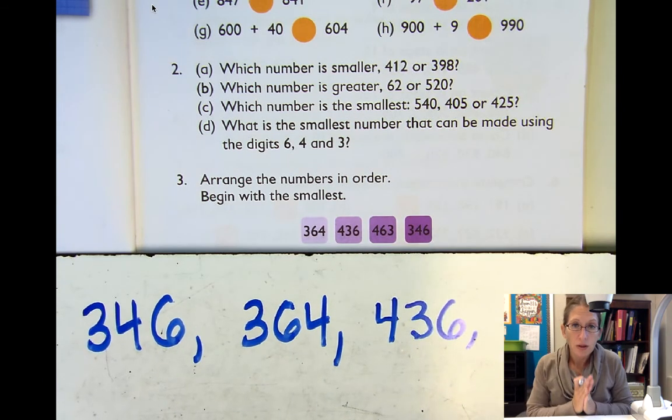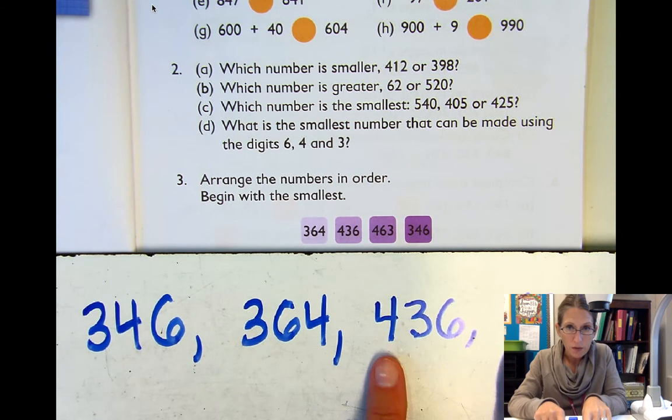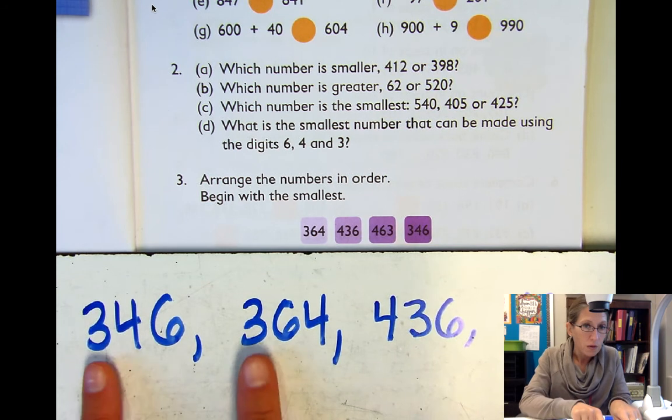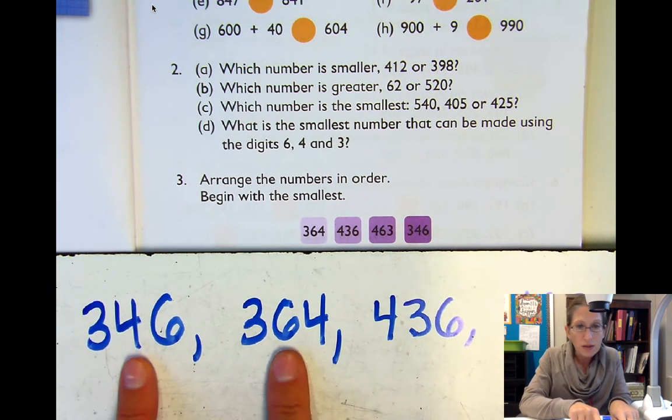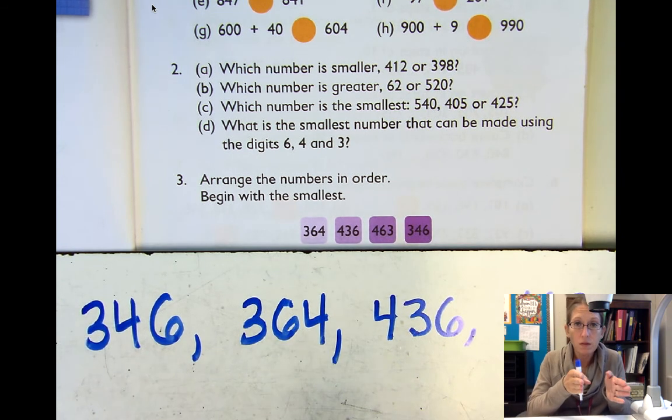All right, so that is how you put numbers in order. We first look in the hundreds place, like these, and we could see, oh, right away, these are 300s and these are 400s. So if we're going from smallest to biggest, it's going to be one of these 300s. And then we had to look in the tens place. 4 tens is smaller, so we put that one first. And then sometimes if they even have the same number in the tens place, we have to look in the ones place.